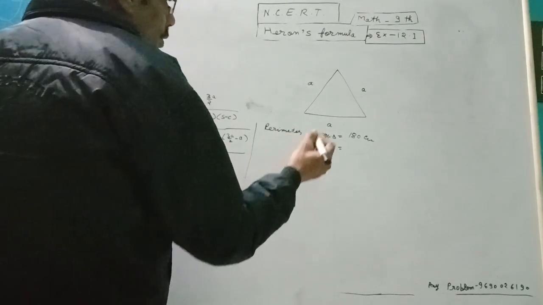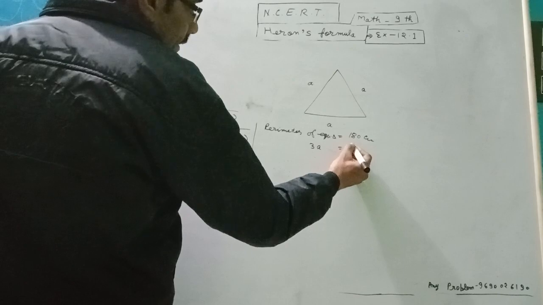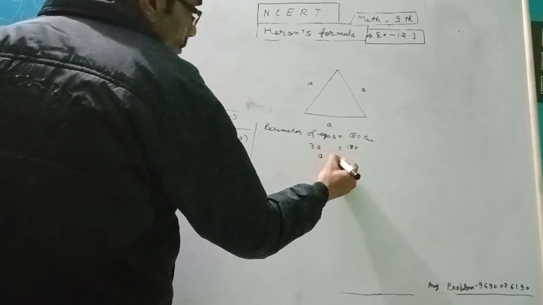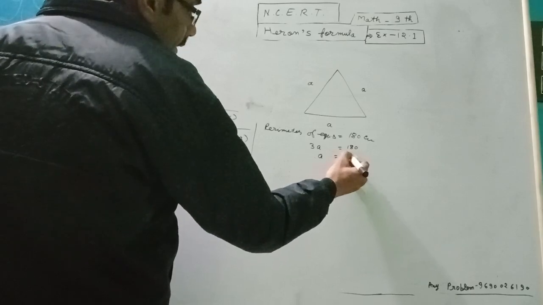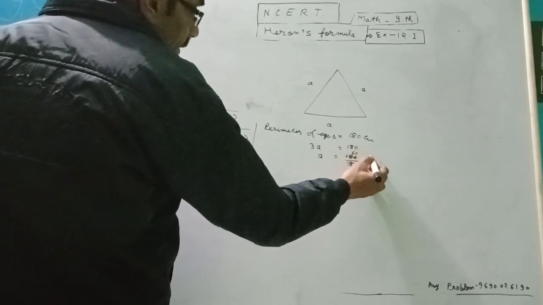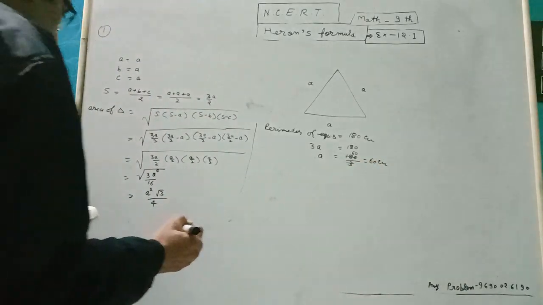The sum of all sides is called the perimeter of the triangle, 180. A is equal to 180 upon 3, is equal to 60 centimeter. 60 centimeter is the side of the equilateral triangle.